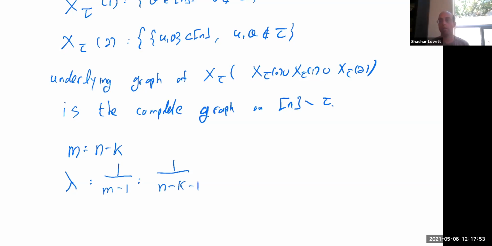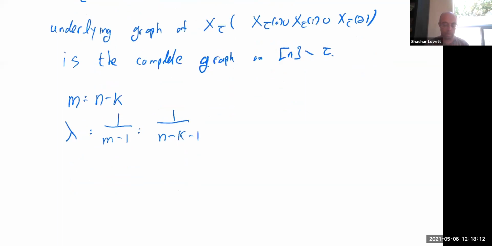Right? And now remember, what we said is, if you take any k-dimensional face and look at its underlying graph, it's going to be the complete graph on n minus k elements. So its eigenvalue, because it's a complete graph, is 1 over n minus k minus 1. But remember that we showed k could be anything between 0 and d minus 2. So when is this lambda the largest? When k is the largest, right?